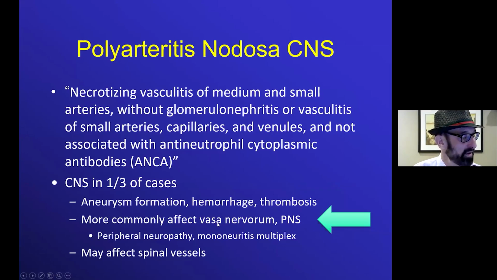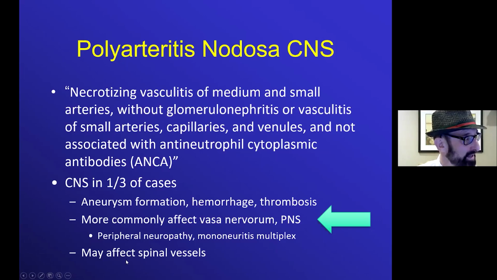However, the vasa nervorum of the peripheral nervous system is a more common manifestation than in the central nervous system. So it may lead to a peripheral neuropathy. So in addition to all those other entities, most commonly diabetes, for peripheral neuropathy, polyarteritis nodosa is one of those etiologies for peripheral nervous system involvement.